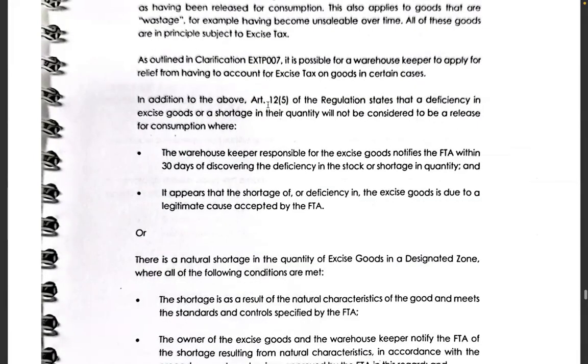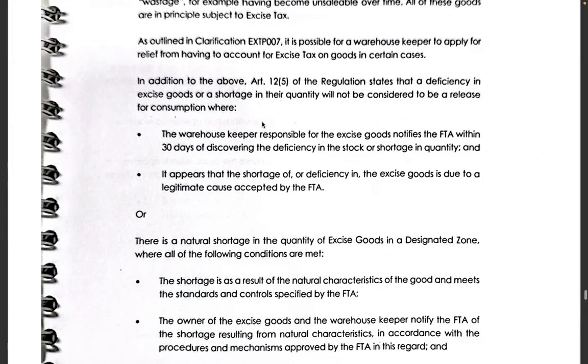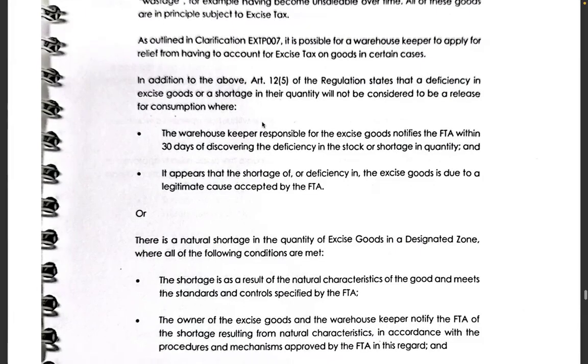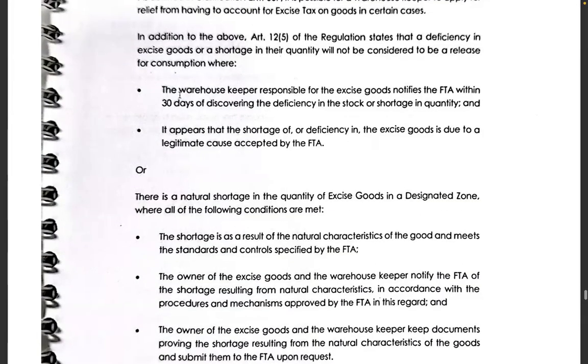In addition to the above, Article 12, clause 5 of the excise tax regulation states that a deficiency in excise goods or a shortage in their quantity shall not be considered to be a release for consumption. So there was a wastage, a deficiency, a shortage. It is not considered as release for consumption.